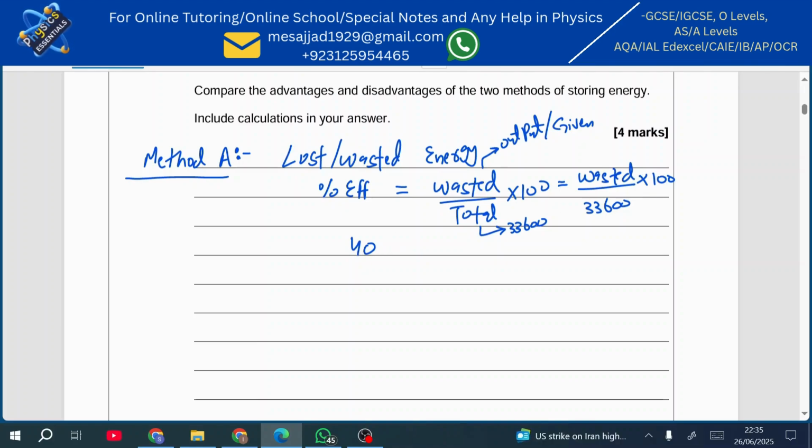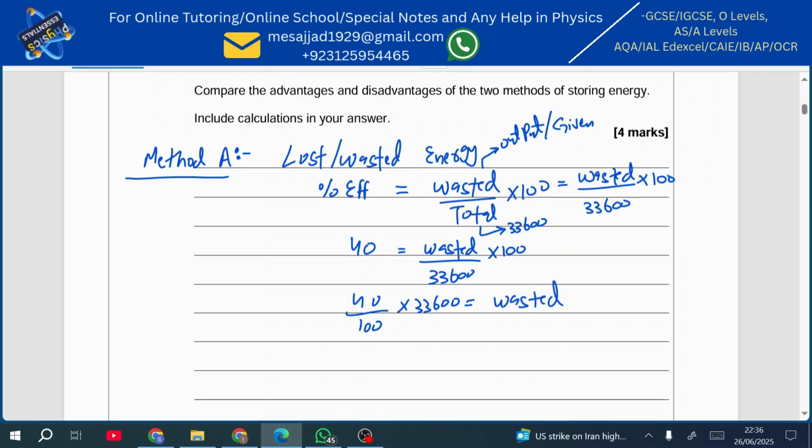This 100 is going the other way, so let me write that completely. From here the 100 is coming to the left hand side, and the 33,600 is going to the left hand side as well. And from here you are going to get the wasted amount of energy, and that is 13,440 kilojoules per 100 kg of water, as it is mentioned in the table.